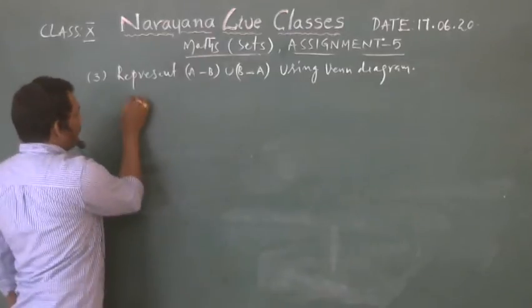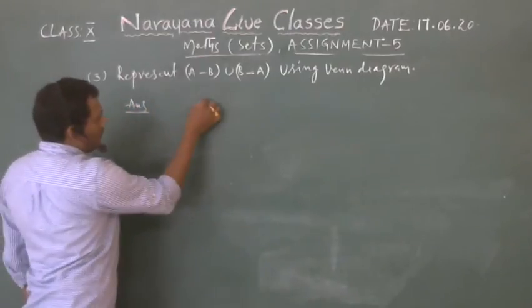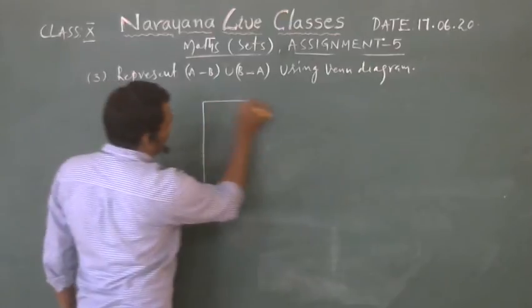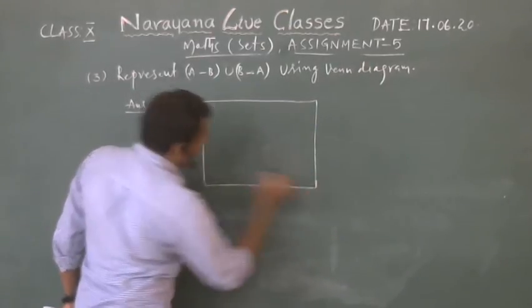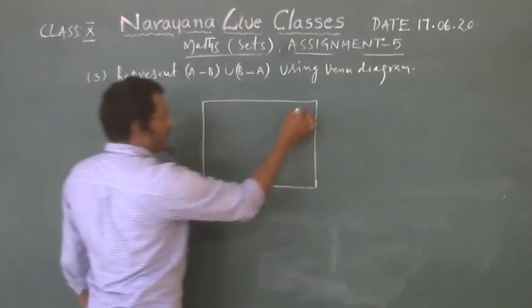So now first of all, the universal set, here the universal set is denoted by mu.